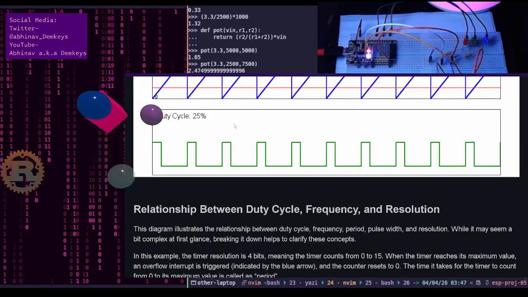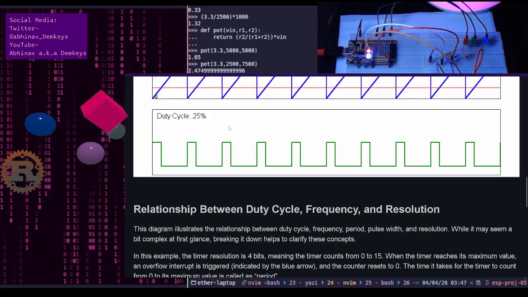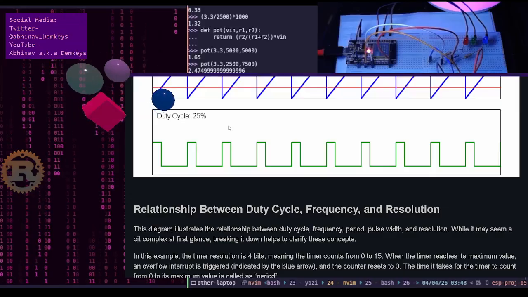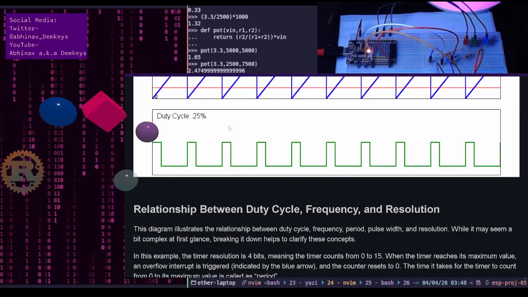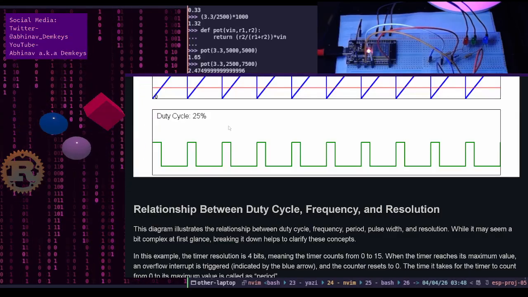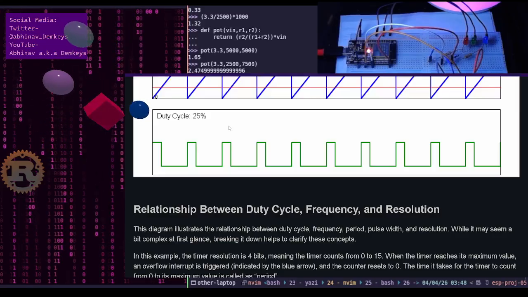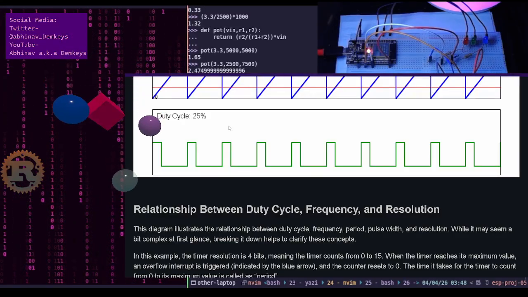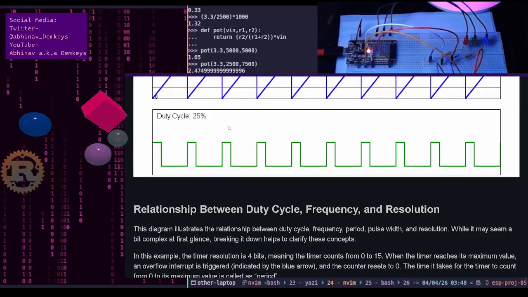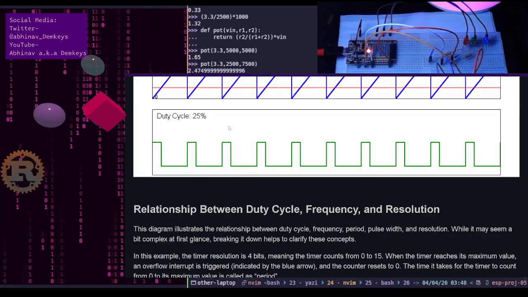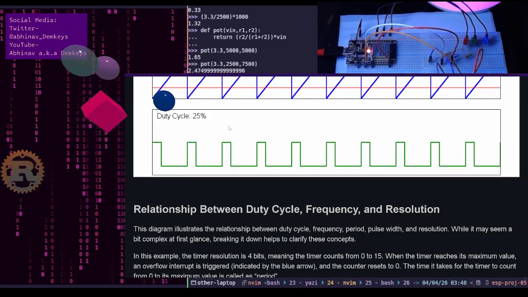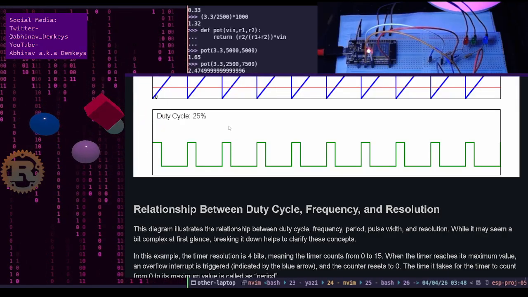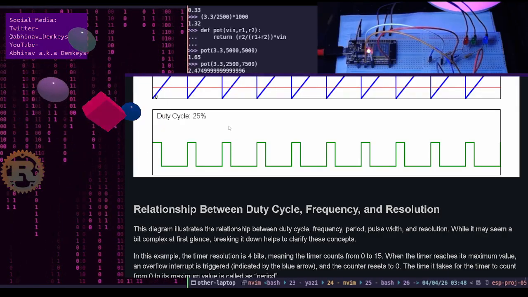The mathematical link. In physics and electronics, they are inversely proportional. This is expressed by the formula F equals 1 divided by T. F is frequency, which is hertz or cycles per second, and T is the period. A real world comparison, think of a metronome. The period is the time it takes for the arm to swing left, then right, and return to center.